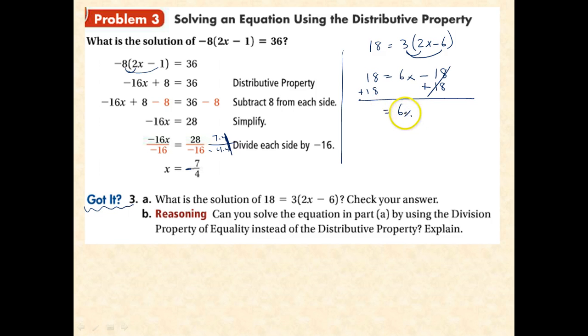So we get 6x equals 18 plus 18 is 36. Then the only thing that's left being done to x is multiply by 6. The inverse operation of multiplication is division, so we're going to divide both sides by 6. So we get 36 divided by 6 is 6. So x equals 6. So let's check our answer.